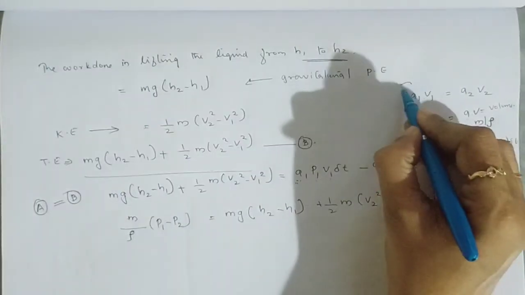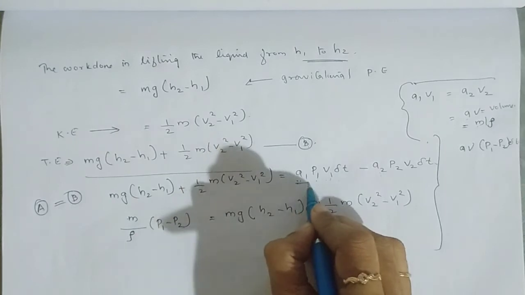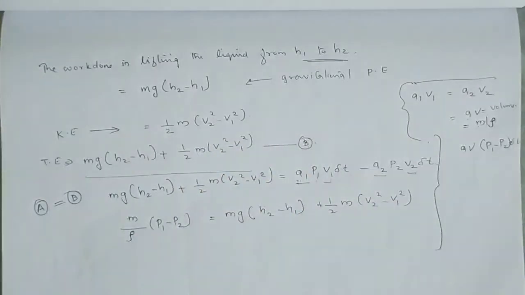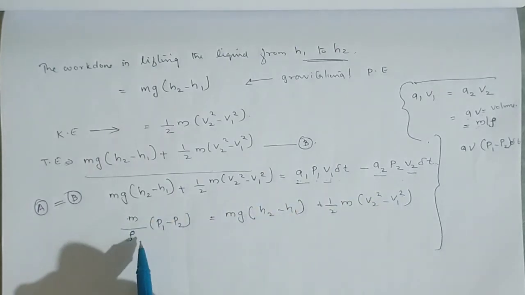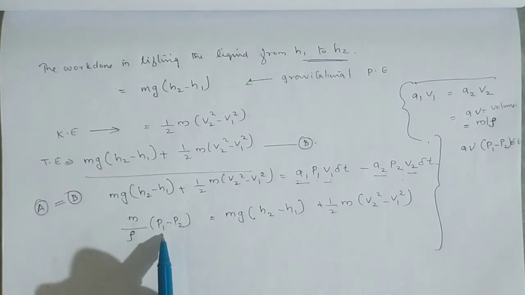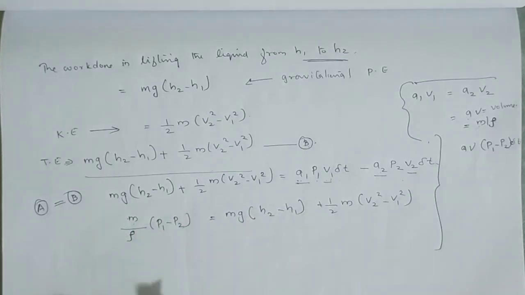Okay, ഈ ഒരു സ്റ്റെപ്പ് ഒന്ന് നോക്കാം. So this equation we can rearrange it as m by rho (P1 minus P2). Okay, ഇനി കോമൺ ആയിട്ട് നമുക്ക് ശ്രദ്ധിച്ചാൽ മനസ്സിലാവും, m ഉണ്ട്, നമുക്ക് m ഒന്ന് ഡിവൈഡ് ചെയ്യാം.